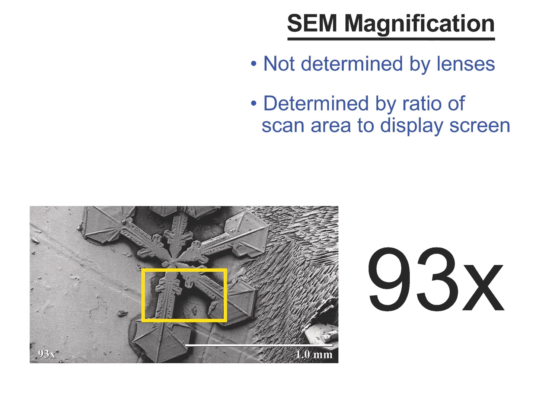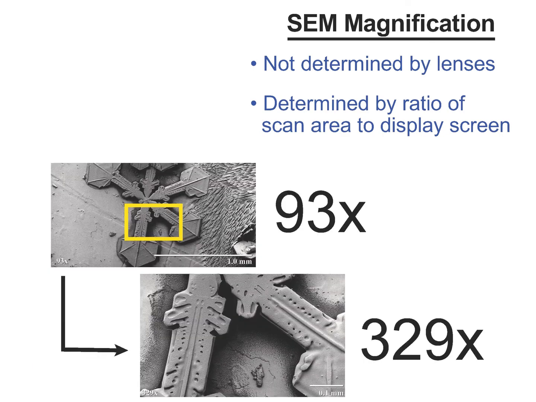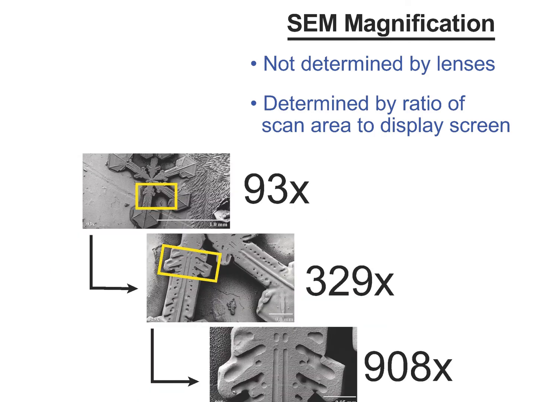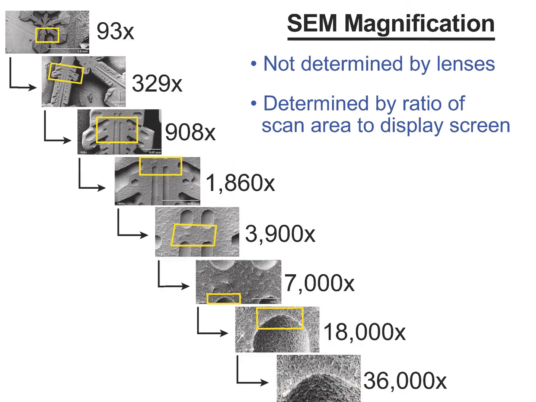Unlike a light microscope, when you would have to change lenses, with an SEM, all that is required is to reduce the area scanned to within the yellow box. That change in scanned area then results in an image of higher magnification. And this same process can then continue further and further still, eventually far exceeding magnifications possible with light microscopes.